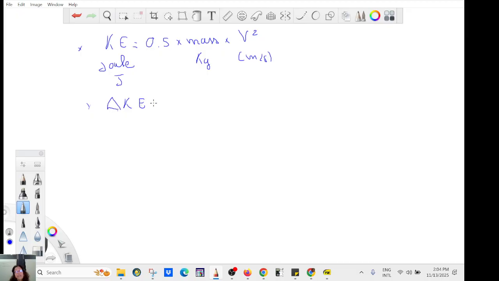The change in kinetic energy will be the final kinetic energy minus the initial kinetic energy, and that's going to be 0.5 the mass, open the parenthesis, the final speed squared minus the initial speed squared. A typical mistake is that students will just subtract final minus initial and then square. Don't do that, okay? It's the final squared minus initial squared. So that will be for the change in kinetic energy.